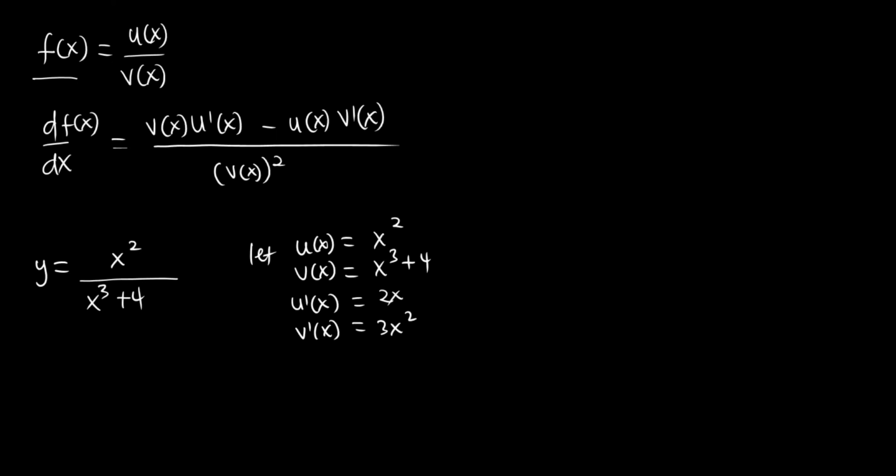So now let's do the substitution here. So we're going to have dy dx equal to, we need v, which is x cubed plus 4, multiplying u prime, which is 2x, minus, then I'll bring my square bracket again, minus u, which is x squared, multiplying v prime of x, which is 3x squared.